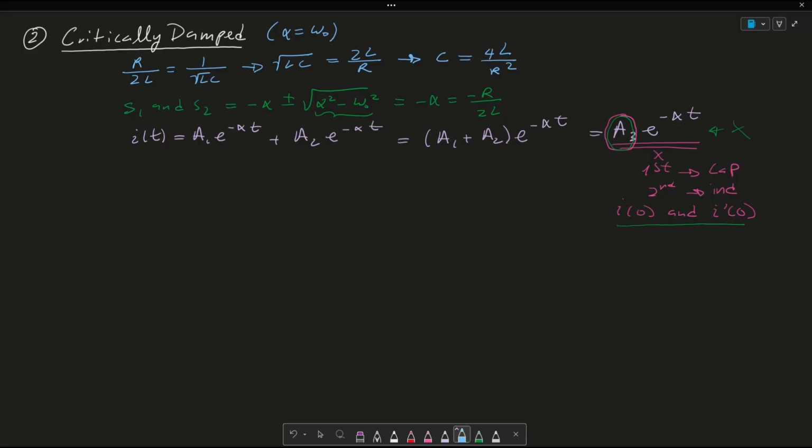And in order to find out the real solution, we need to go back to equation number 4 from the past video, or the second order original differential equation, which was d squared I over dt squared plus R over L dI over dt plus 1 over LC I has to equate to 0. So let me go ahead and plug in alpha and omega naught into these two terms.